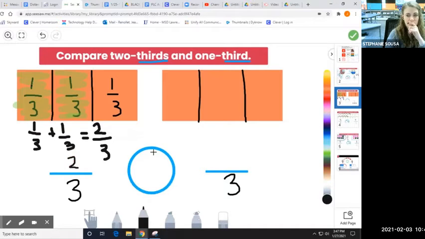On the left side, I have now represented 2/3 or 2 1/3.